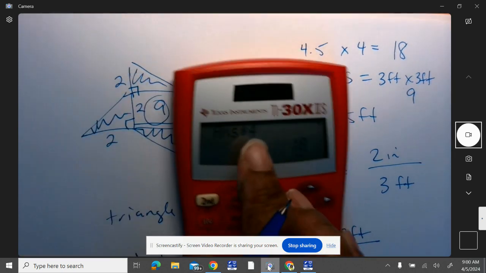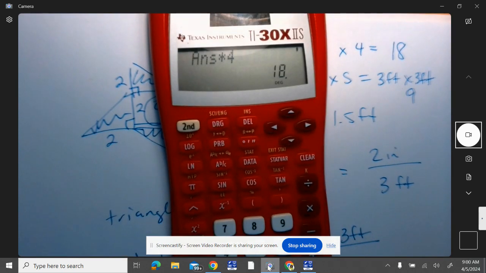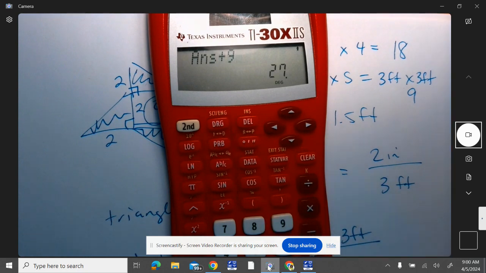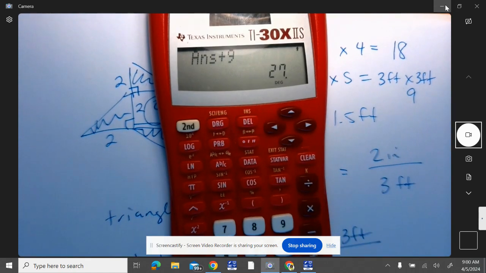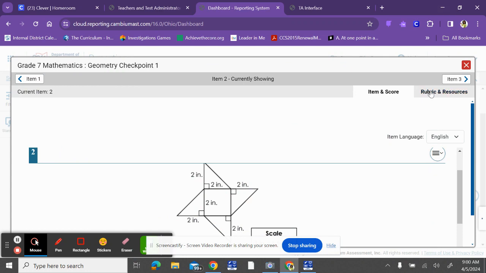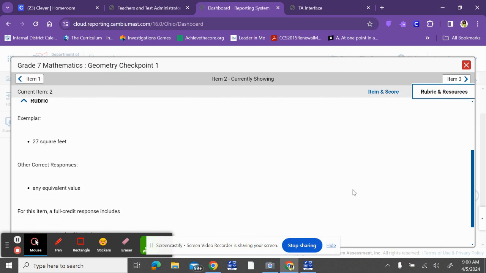So I need to take my triangles, add 9 to it, and now I should have the area of the whole thing, which is 27. So the final answer is 27. And then if you look, it says 27 was the answer that you were supposed to write.